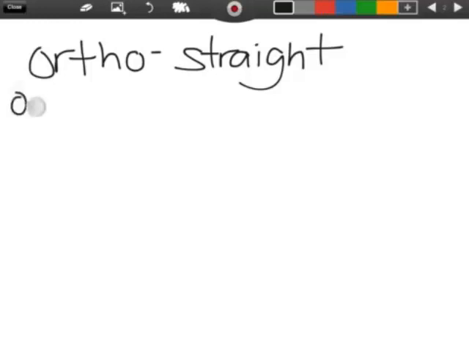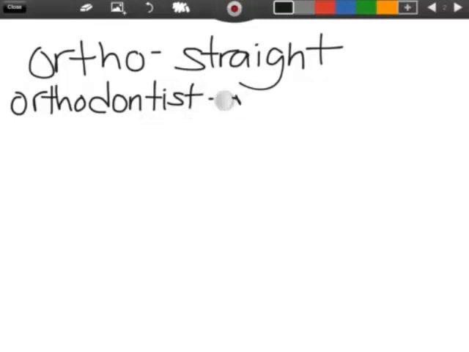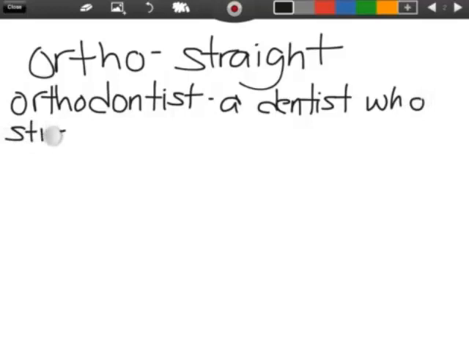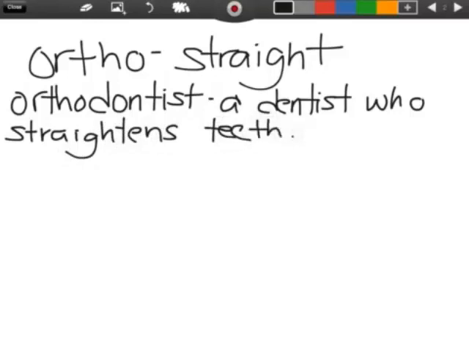One of them is orthodontist, and the meaning of that is a dentist who straightens teeth. I'm going to give you another example, and that's orthopedic.